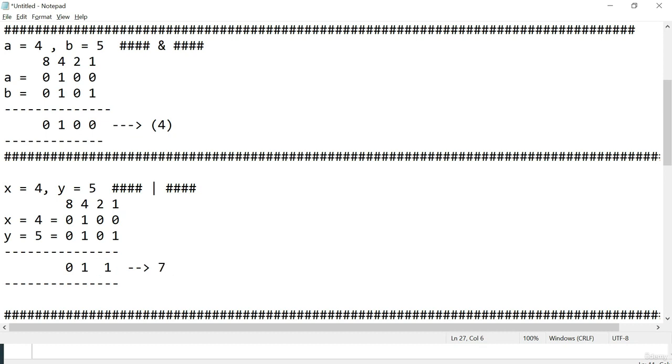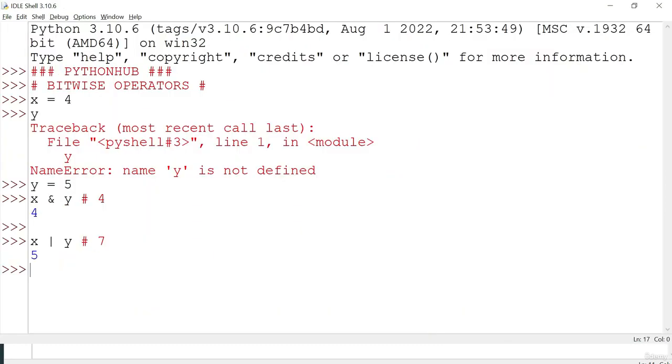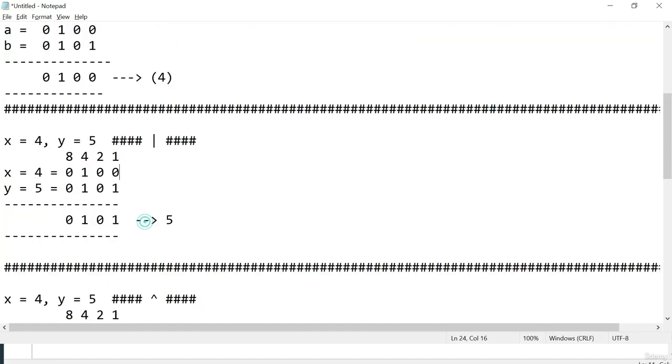If both are 0, it should be 0 only, right? So 101 is pointing to 5 only. The same 5 we got in the IDE as well. I hope all of you understand this.